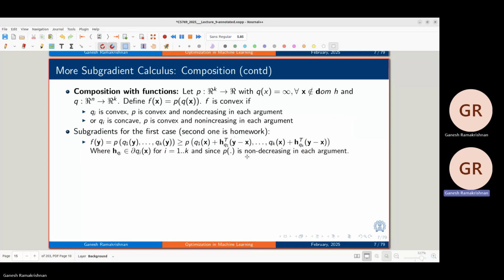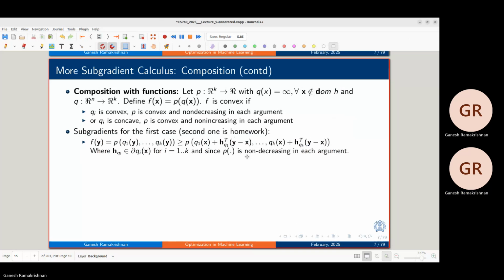The first thing you should say is, well, I know that Py is greater than or equal to Px plus HP transpose (y minus x). This is what I know.